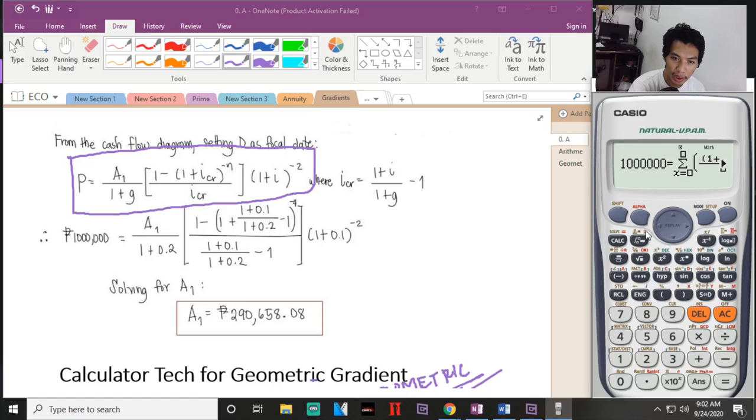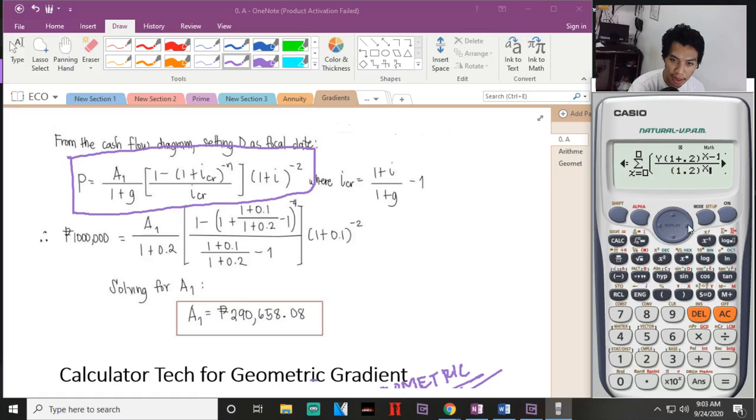Alpha y, hindi natin alam. Tapos, alpha x minus 1. 1.2 raised to alpha x.